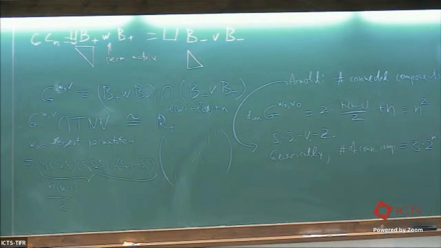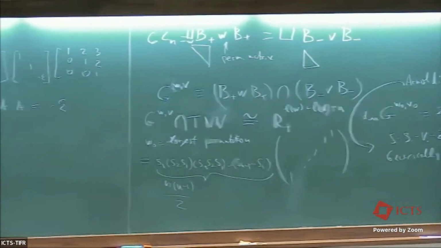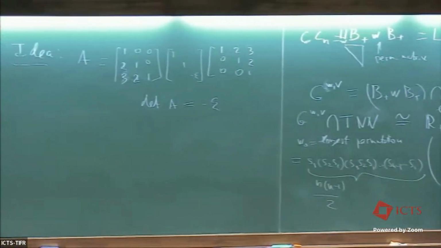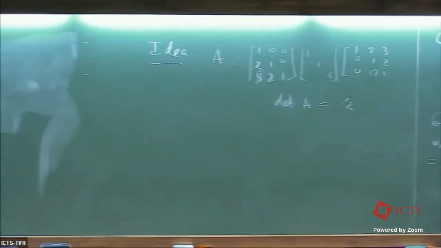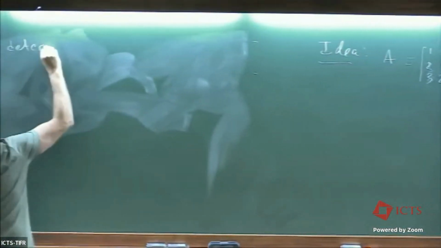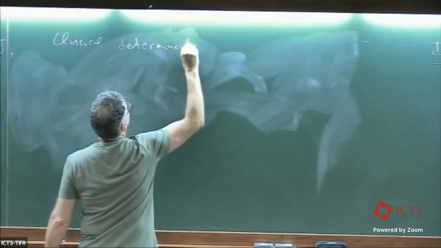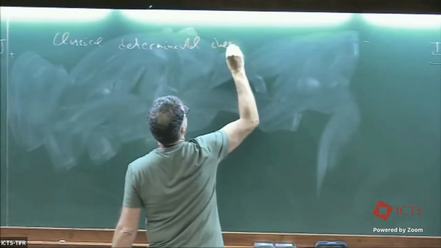But now back to this arrangement of minors and what can and cannot happen to them. Let me erase something. So there are these classical determinantal inequalities.